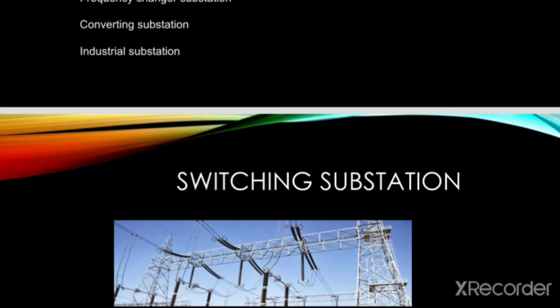So we are using frequency changer substations, and sometimes a converter is used to accomplish the frequency change. Okay, just to convert the frequency.